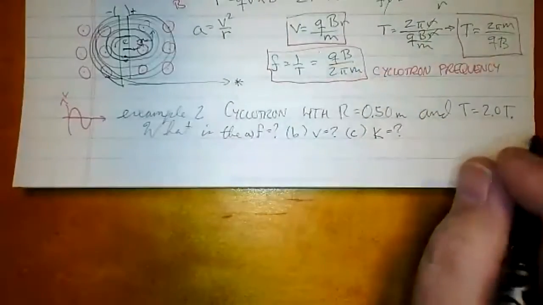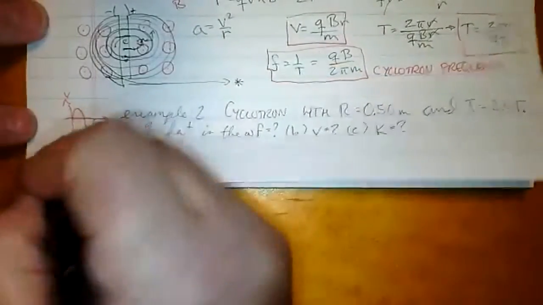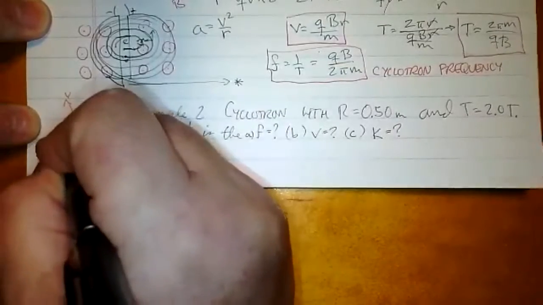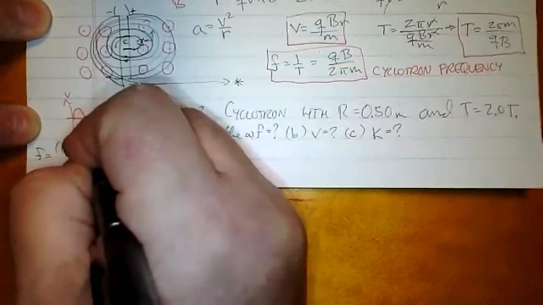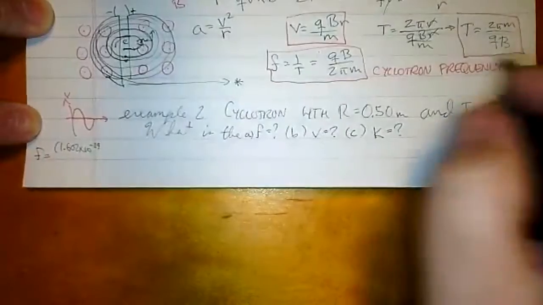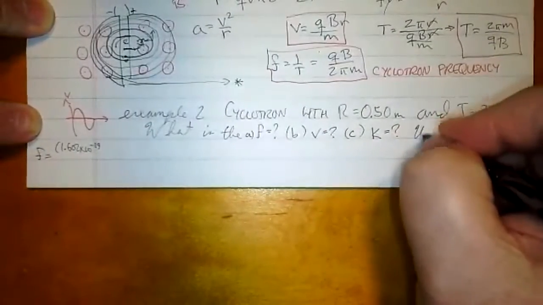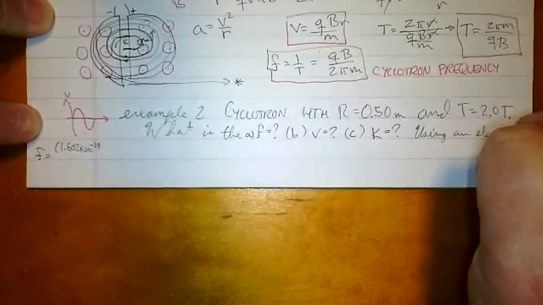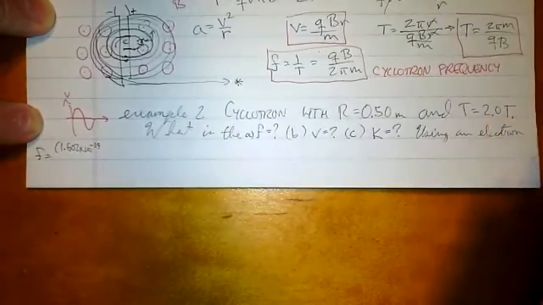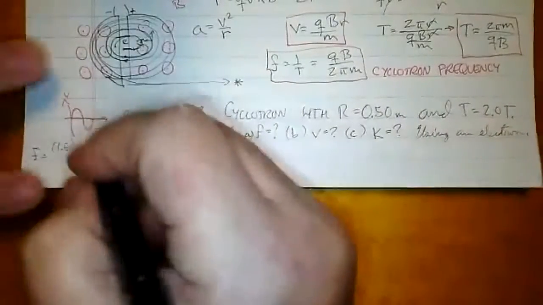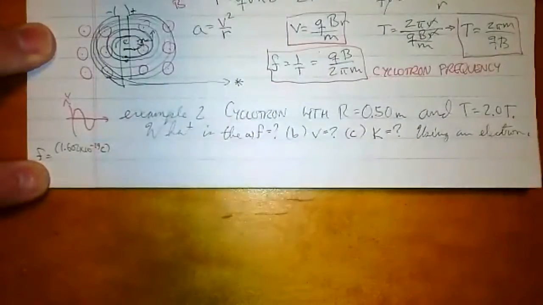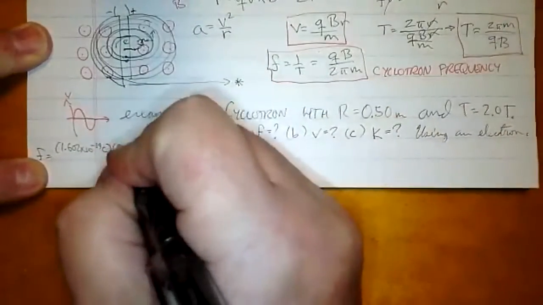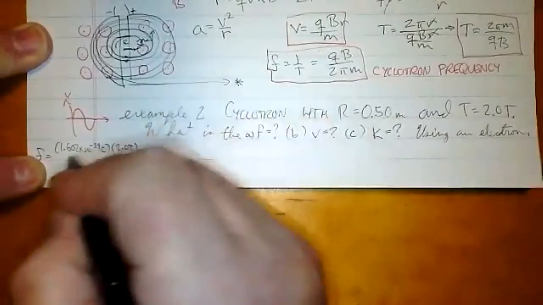We know that's qB over 2 pi m. So f is equal to q, which is 1.602 times 10 to the negative 19th. Remember, we're using an electron. So 1.602 times 10 to the negative 19th coulombs is the actual charge. The magnetic field is 2.0 Tesla.